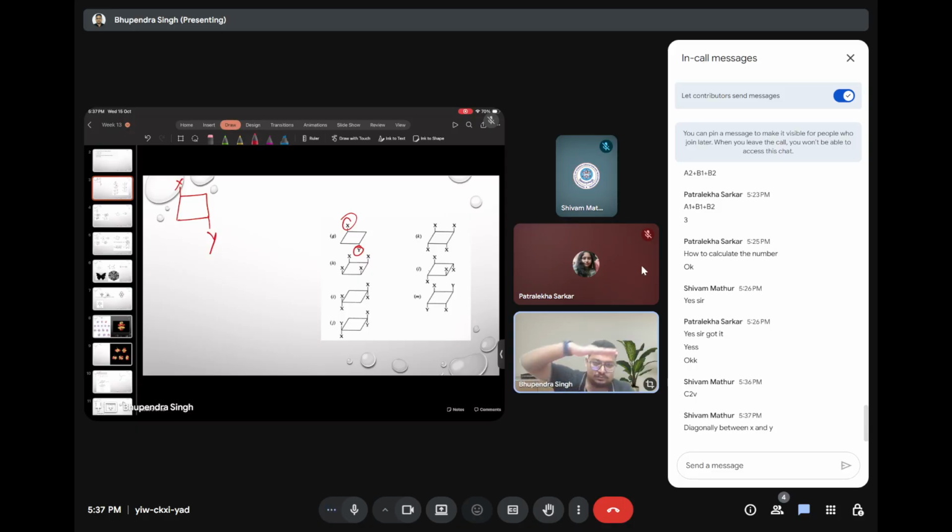This is your plane. X is here, Y is there. Y is down there, X is here. If you pass a C2 diagonally through X, what will happen? X will go down. Why is this orientation not matching? The orientation will change.